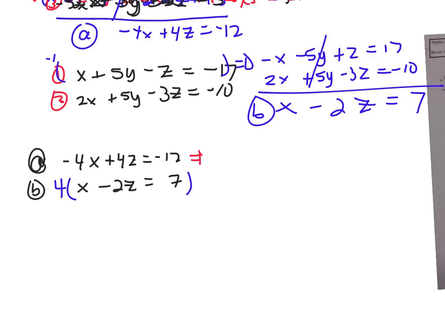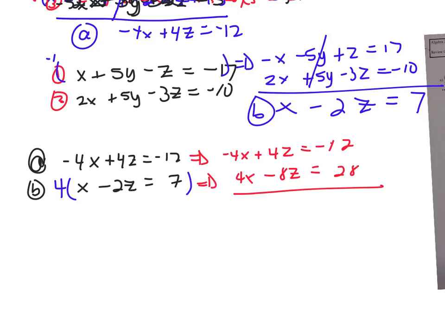So the top equation is going to stay the same: negative 4x plus 4z equals negative 12. And the bottom equation becomes 4x minus 8z equals 28. The x's cancel, so I have 4z minus 8z is negative 4z. And negative 12 plus 28 is 16. Divide both sides by negative 4. Z is equal to negative 4.